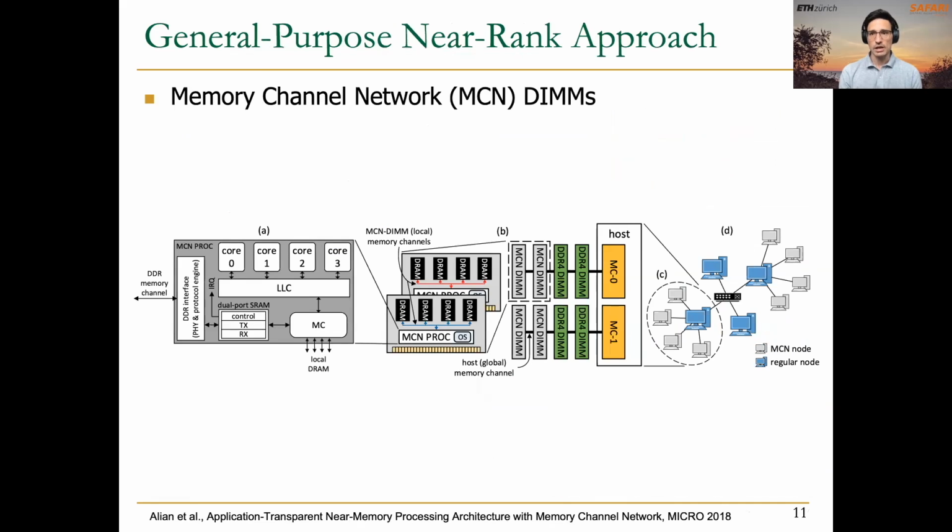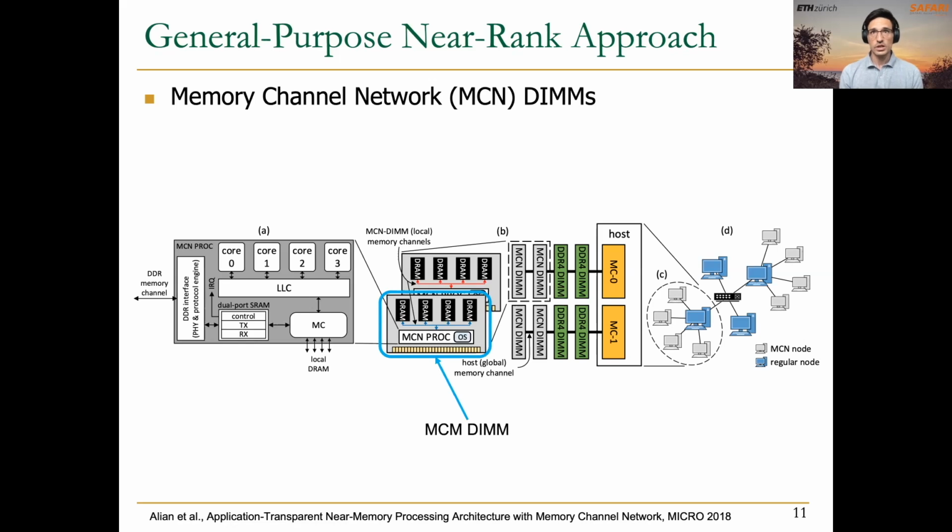This is not the first work proposing the idea of extending DRAM DIMMs with some sort of processing engine or compute units. For example, this paper, Application Transparent Near Memory Processing Architecture with Memory Channel Network, presented in MICRO 2018, proposed to extend a host processor with some DIMMs called MCN DIMMs.